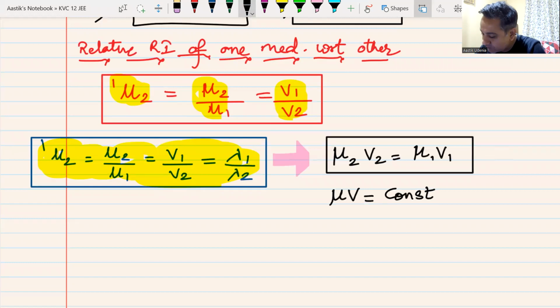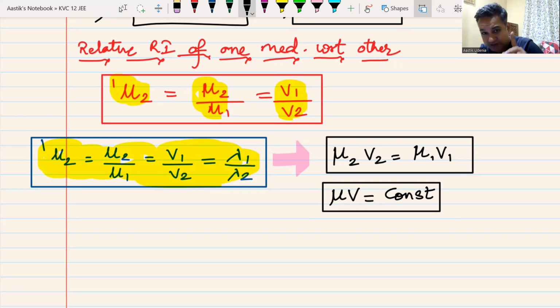Do we understand this? A very beautiful way of writing the same thing which was written in terms of fractions. Yes, sir. Now there is one more way of writing it in terms of mu and lambda. Can you write it now?